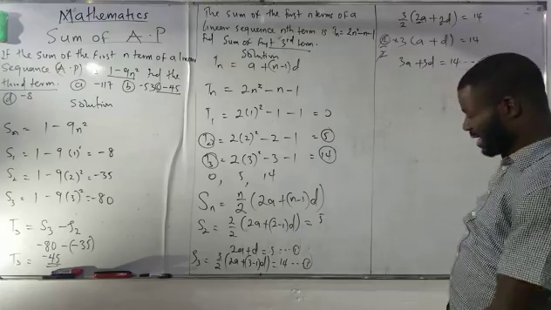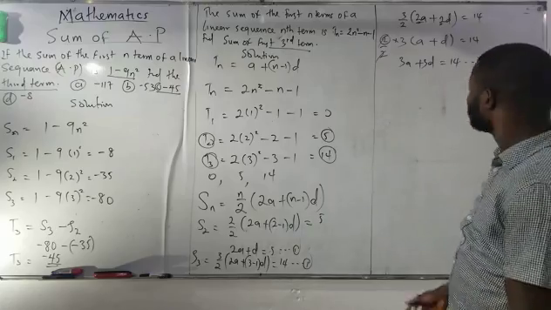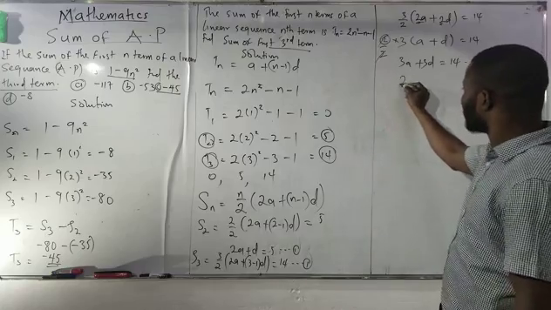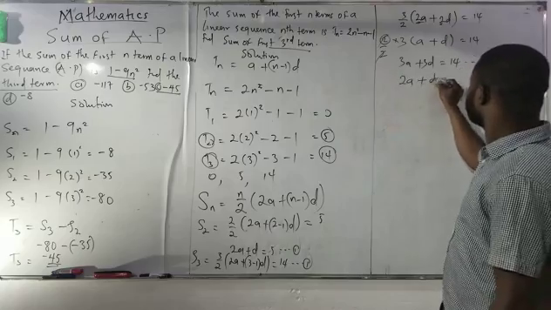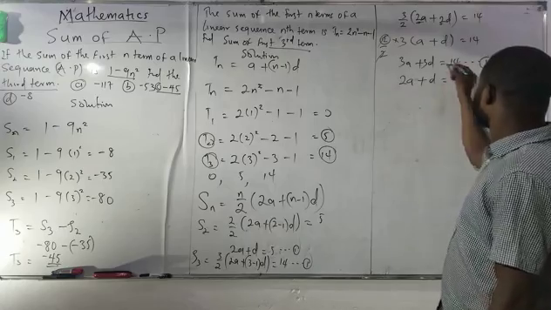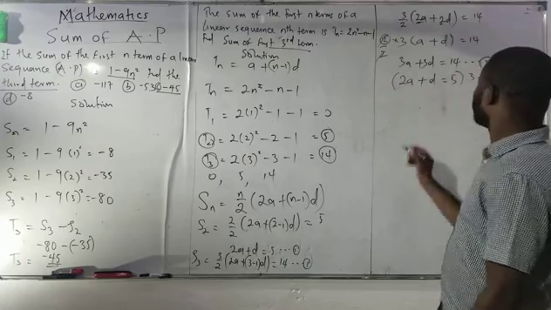Now, from here, I can continue. I know that equation 1 is 2a plus d equals 5. What can I do? I multiply this one by 3. There won't be any problem.